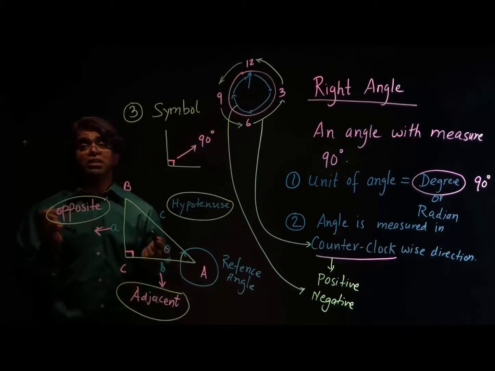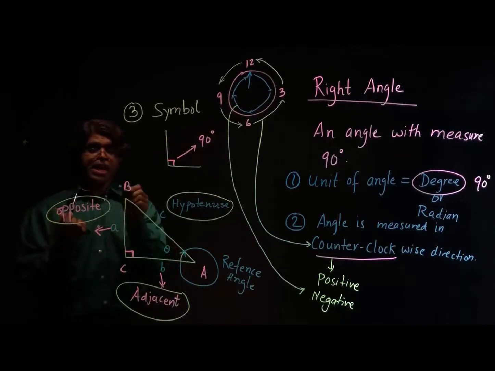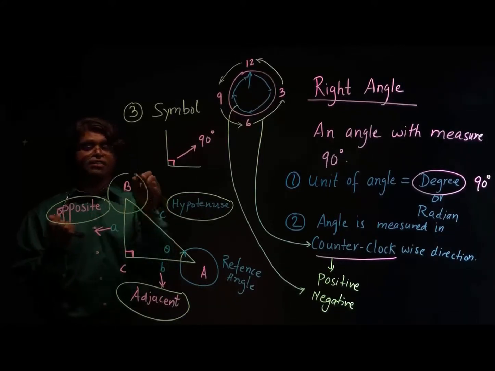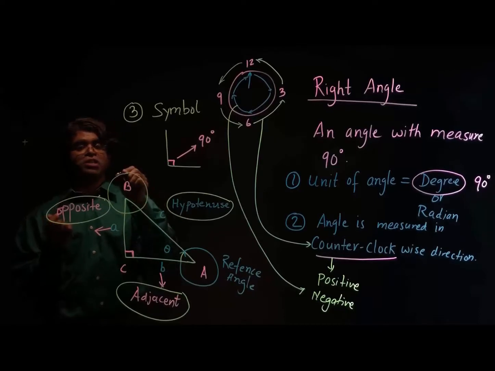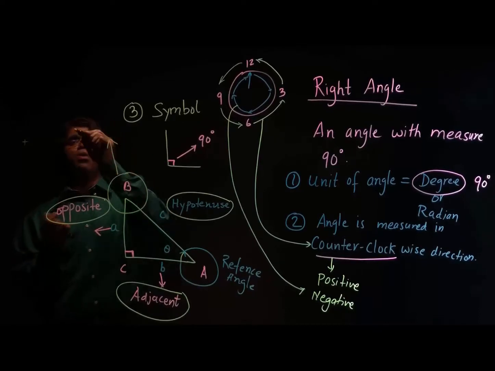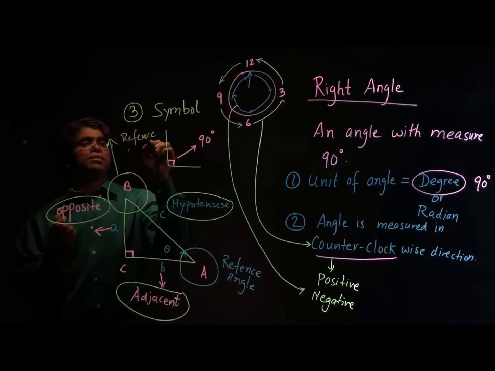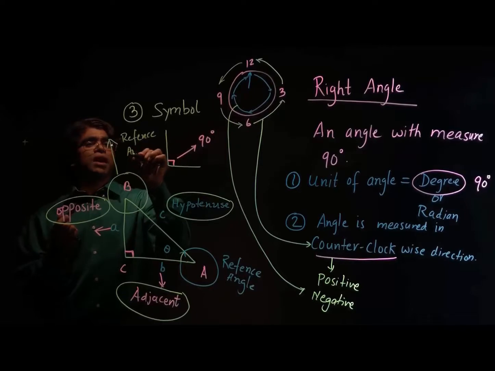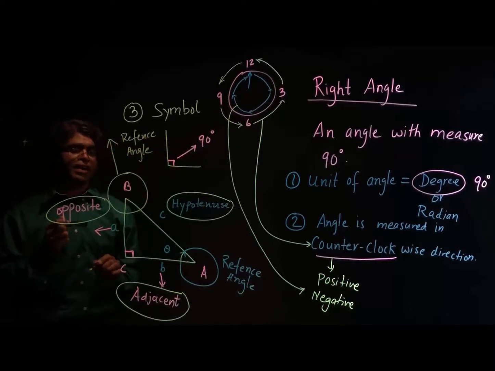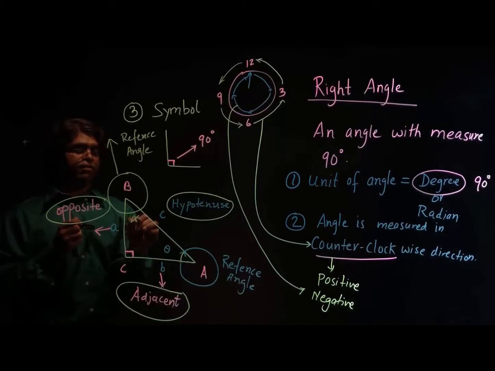Now, you must be wondering, what if we take B as the reference angle? If I switch and say, you know what, I want to take B as my reference angle, and I'm going to take another symbol, alpha.